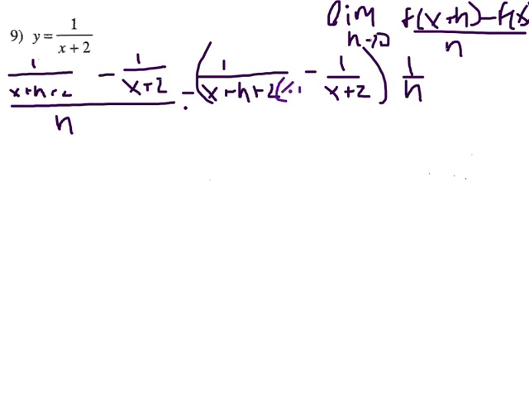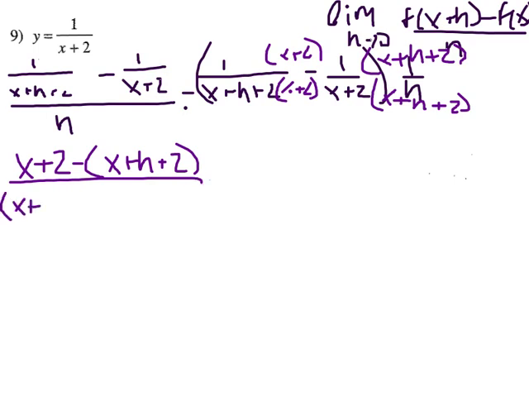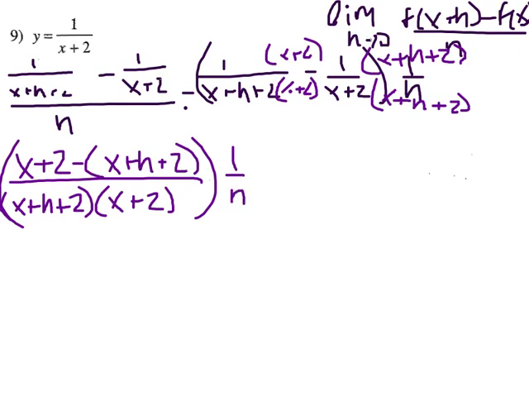I'm going to give them common denominators simply by multiplying each denominator by the other. When we do that, we will have x plus 2 minus x plus h plus 2 all over x plus h plus 2 times x plus 2. And again, this is all still times that 1 over h.